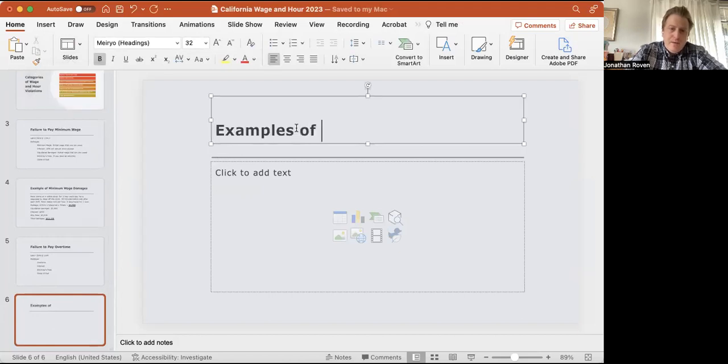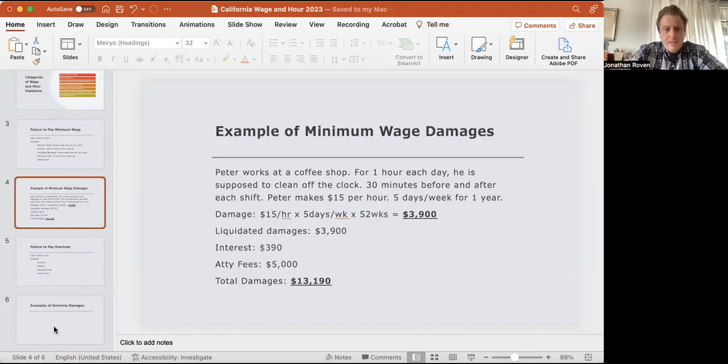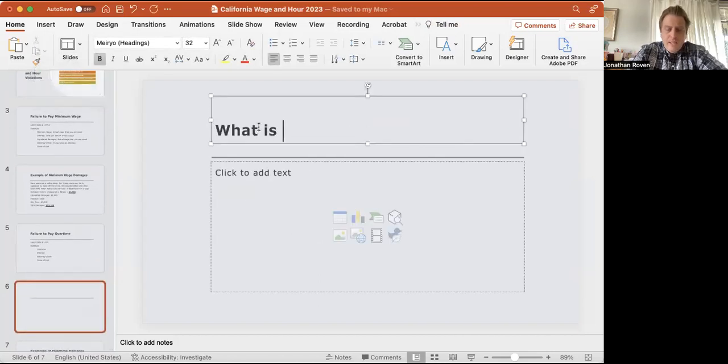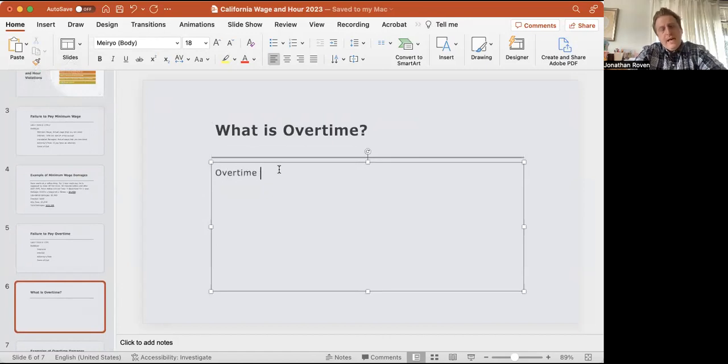So here's an example of overtime damages. Well, first of all, let's define what overtime is. So overtime or double time, we'll separate it out.